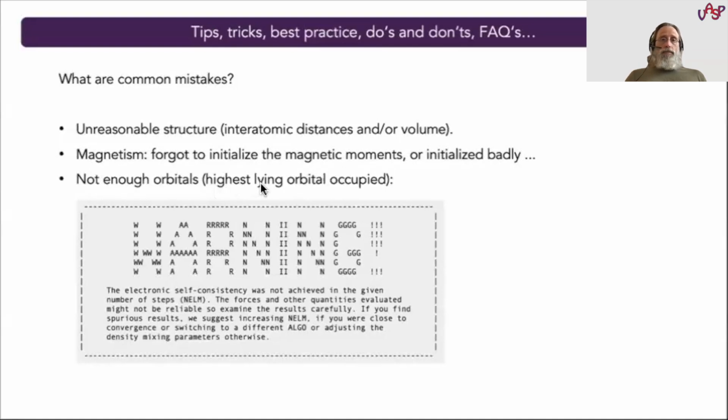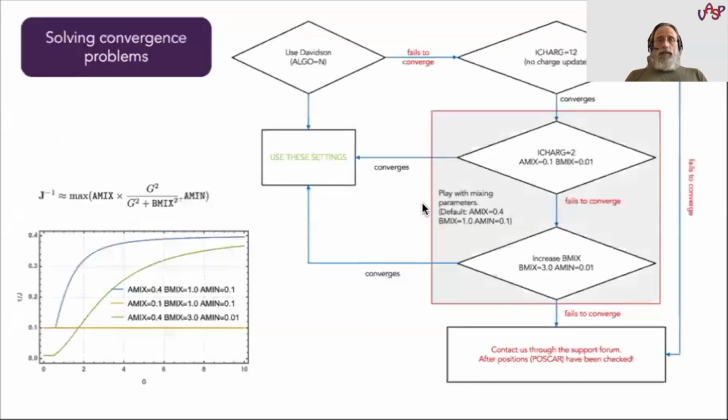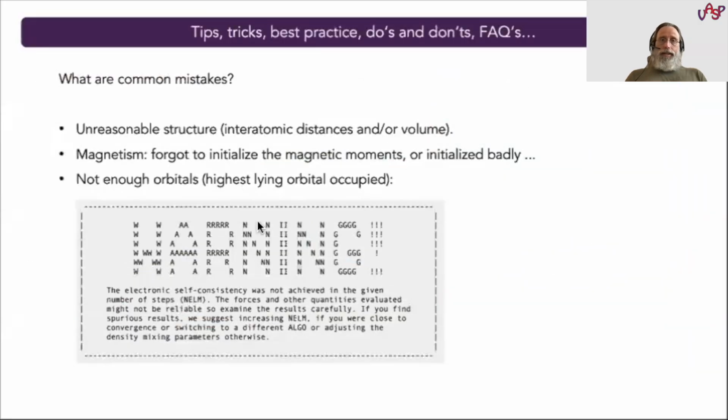Or you have not included enough orbitals, and the code will give a warning to this effect at the end, saying your highest lying orbital is occupied or partially occupied. If your system is not an insulator, then this is bad. If all this stuff doesn't work, then you should also look at this, obviously.